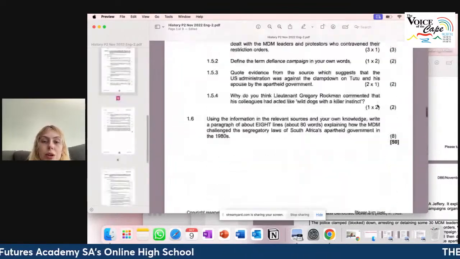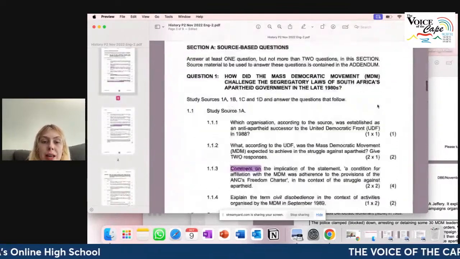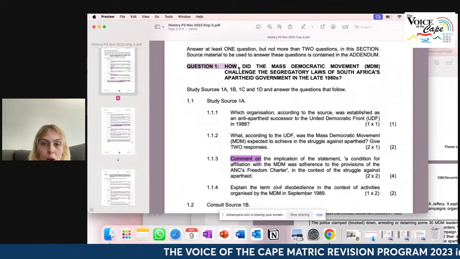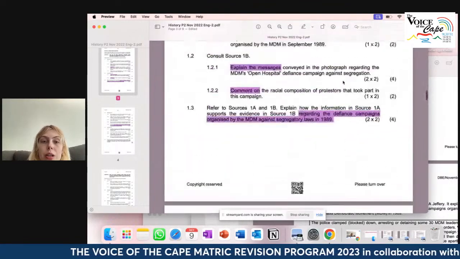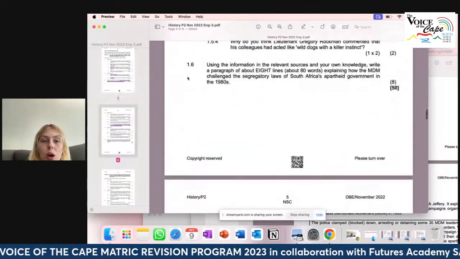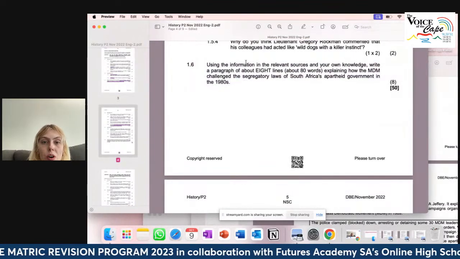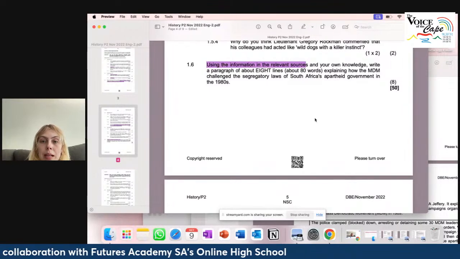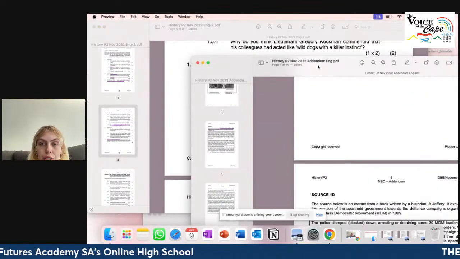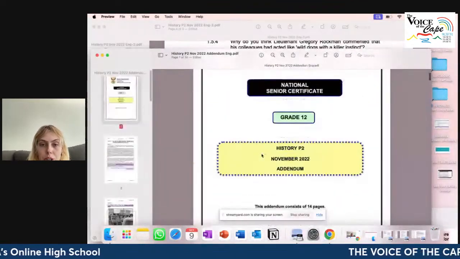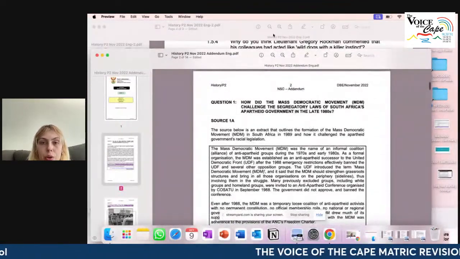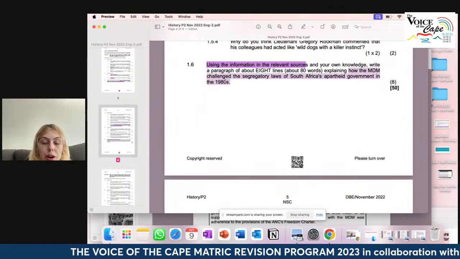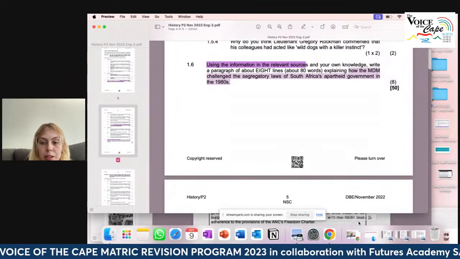Okay, so what that means is that all the sources in the addendum that you've been given are about this question. The information that you will use to answer your paragraph question is going to come from the sources. So you're going to go to your sources, question 1, and through the whole source, all you're looking for the whole time is how the MDN challenged segregatory laws of South Africa's apartheid government.